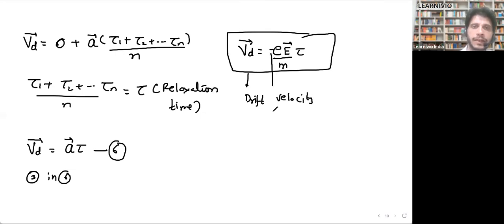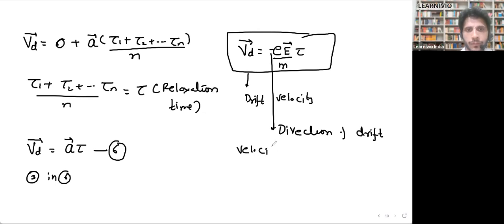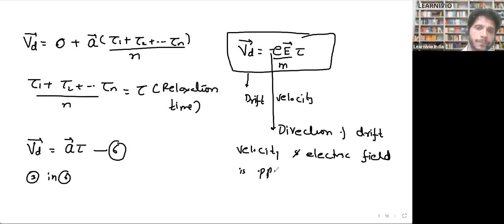Here, this negative sign shows that the direction of drift velocity and electric field is opposite. Both are acting in opposite directions, meaning electrons are moving in a direction opposite to that of the electric field.